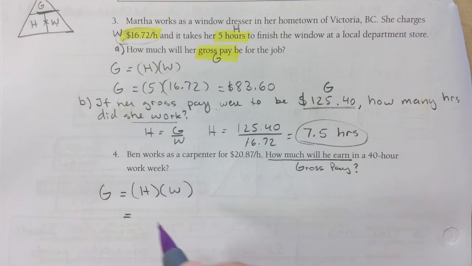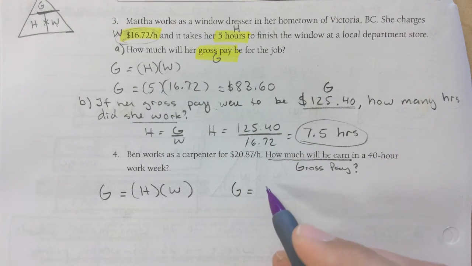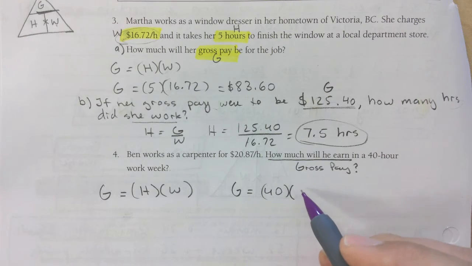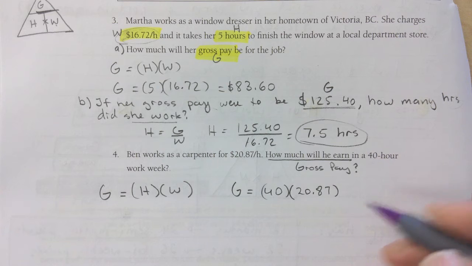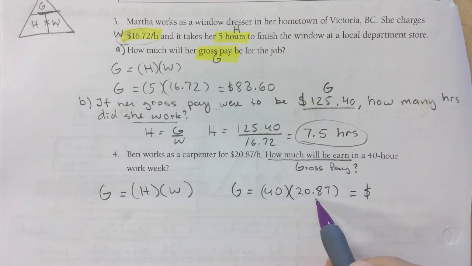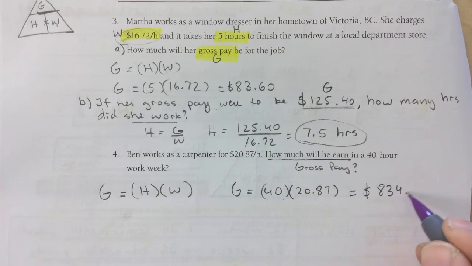In this case, let's do this over here because I have another B portion here. So gross pay is going to be 40 hours multiplied by 20.87. So if you multiply these two, you get 834.80.